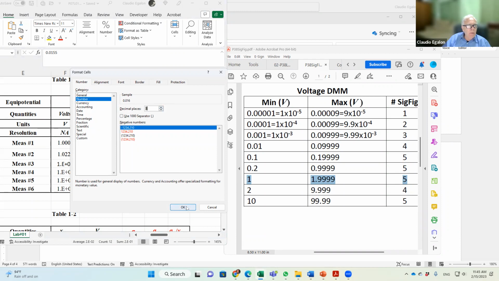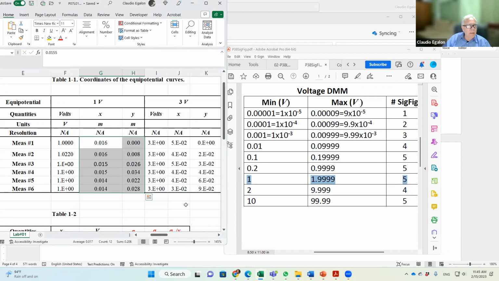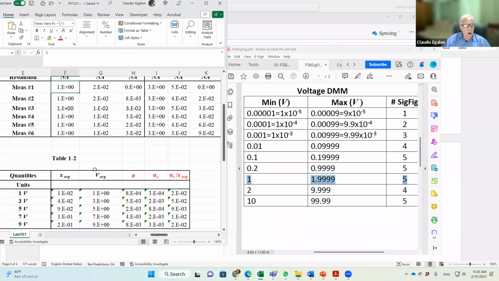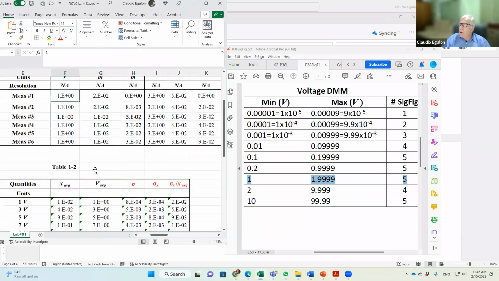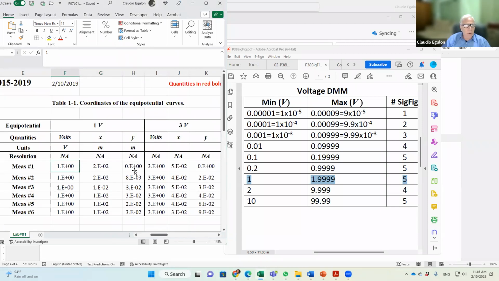If you're going to measure up to the millimeter, you have to display up to the 3rd decimal place, and so on. Remember, that's the ruler, and the ruler has 1 millimeter of resolution. So you go ahead and display up to 1 millimeter. I'm going to return to what we had before. And now you can do that for your own data.